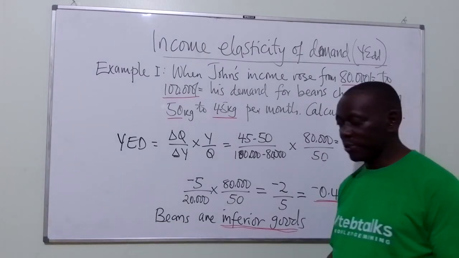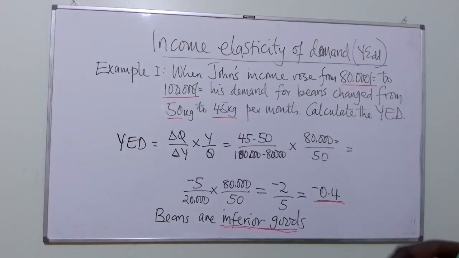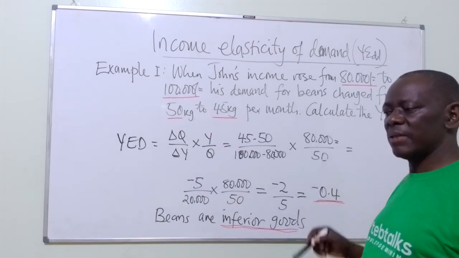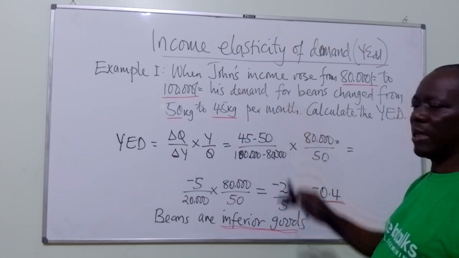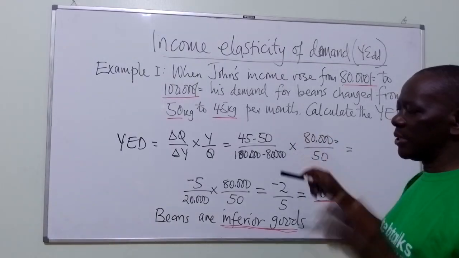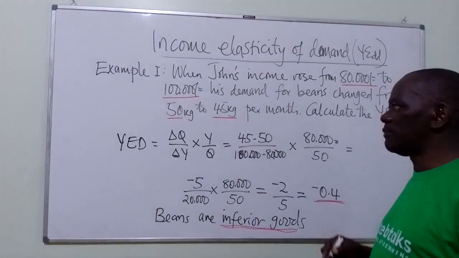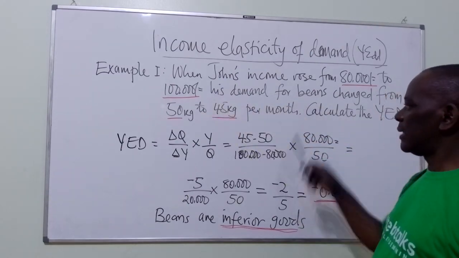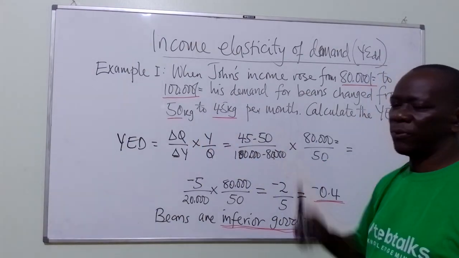That's what you are going to know: if the area is consuming beans, they are consuming beans because their incomes are still at that level. Find out if you increased these people's incomes from 80 to 100, and then the consumption of beans reduces from 50 to 45.